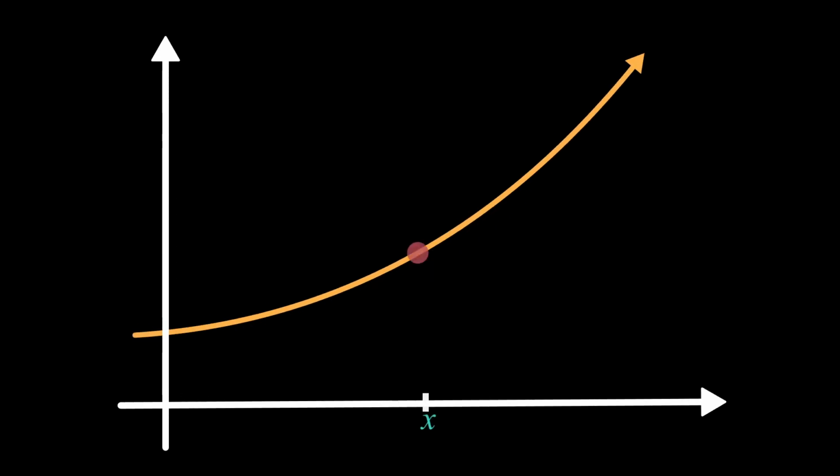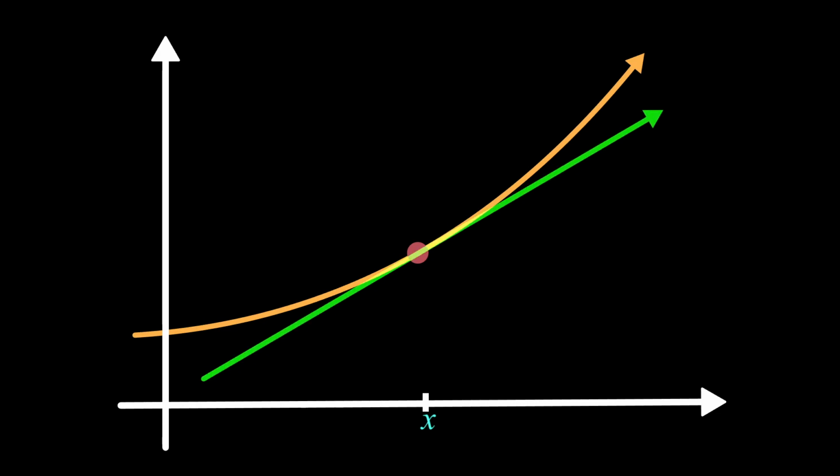Let's suppose that we have a function that we either do not know or cannot compute, drawn here in yellow. But we do know the rate of change of the function at a point x on the function, shown here in pink. If we know the rate of change, which is a slope, and we are given a point, then we can write the equation of a tangent line, shown here in green.